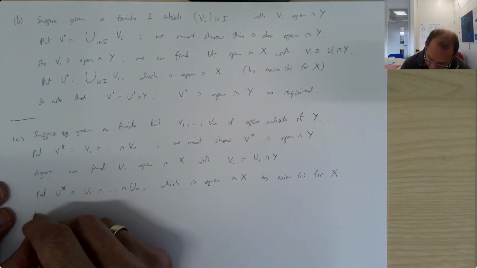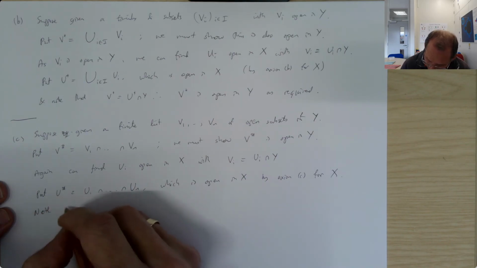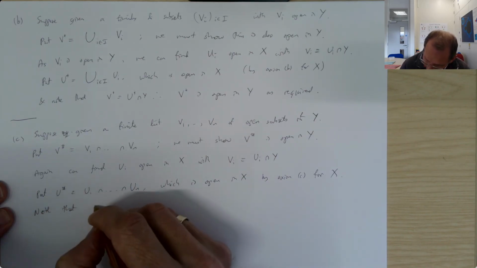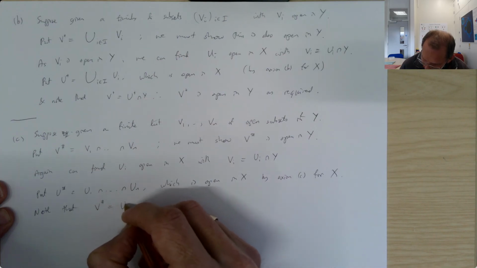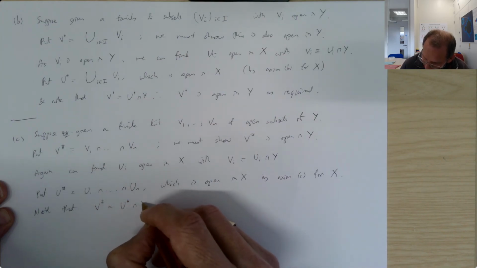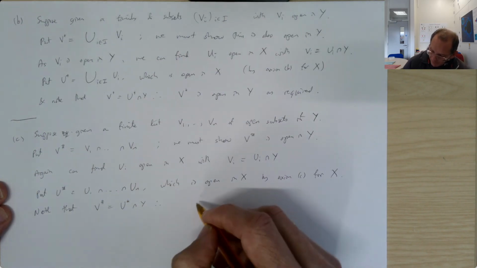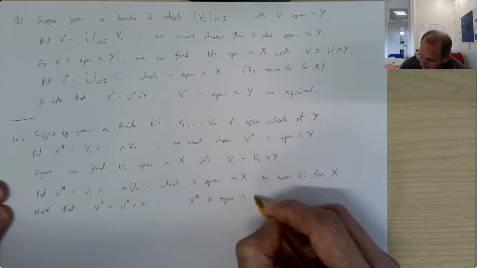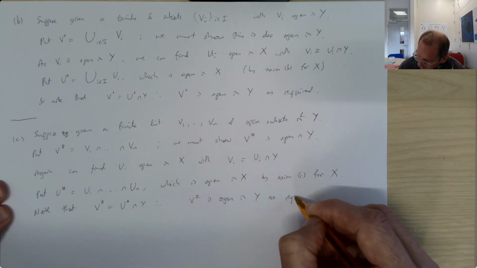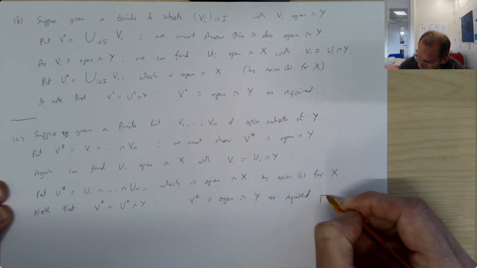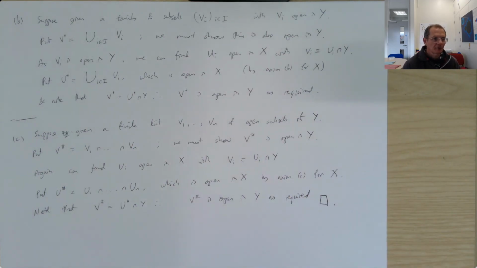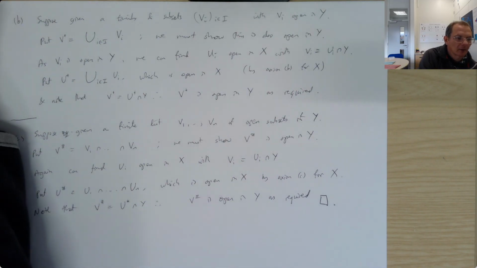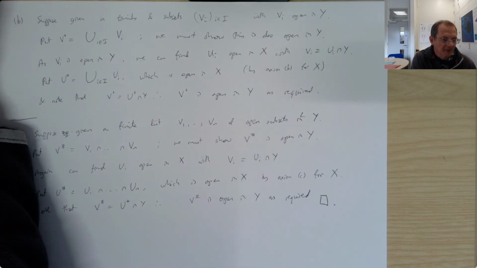And then we note that V upper hash is just the same thing as U upper hash intersected with Y, and therefore V hash is open in Y as required. Okay, so that proves that we've got a topology which is called the subspace topology, and we'll investigate its properties in the next video.